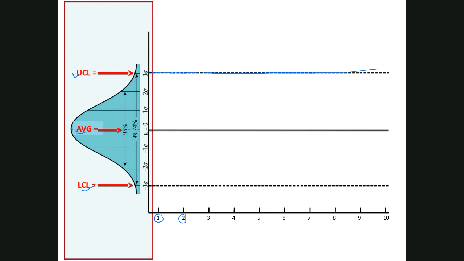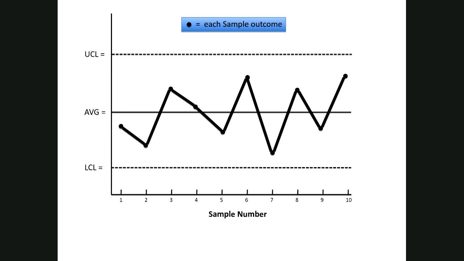And here is an example plot of the samples that we may have taken. And again, there are things that you want to look for as you see a plot of a control chart.